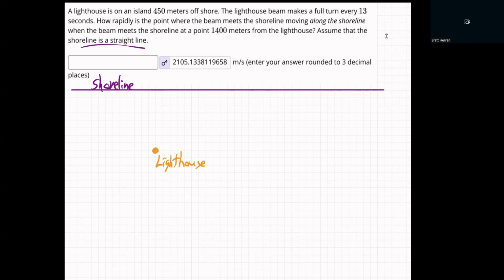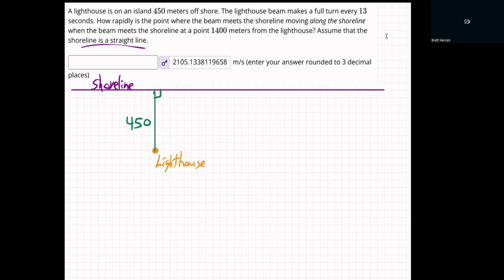So now what happens? Well, they said it's 450 meters offshore. So what does that mean? That means the line from here to here that goes at 90 degrees is 450 meters. Now you might wonder, how'd you know that was the right angle?